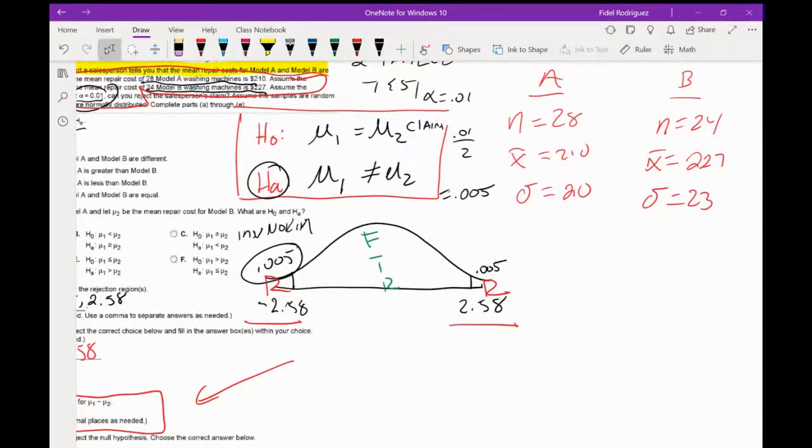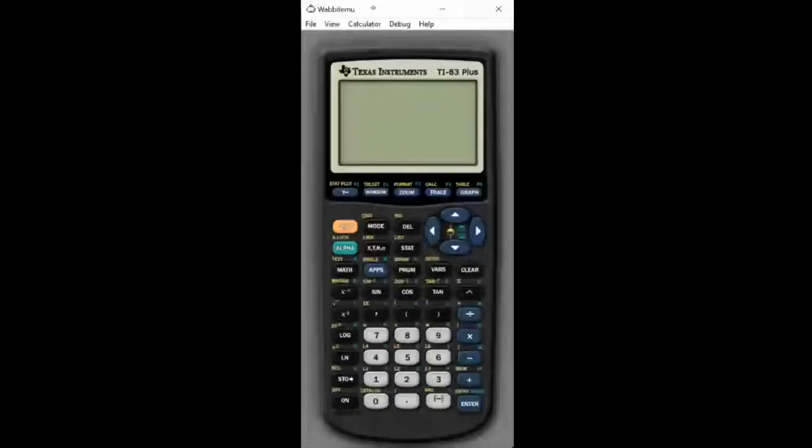Let me stop sharing this and let me share the calculator so you all can see how I'm going to do this. Okay. All right, so I'm going to turn it on. I'm going to go to stat, over to tests, and over to 2-sample Z test. Here we go.